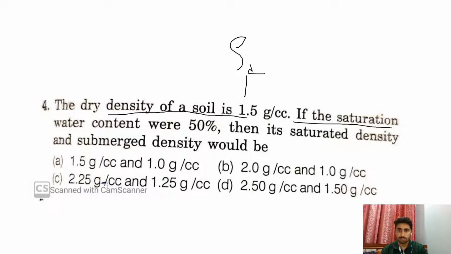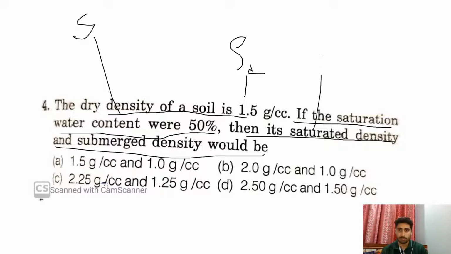If the saturation water content were 50%, we are given the value of W, then its saturated density and submerged density would be, okay, saturated density and submerged density, submerged represented by rho dash. These are known equations and two equations are given here. Okay, let's go then.